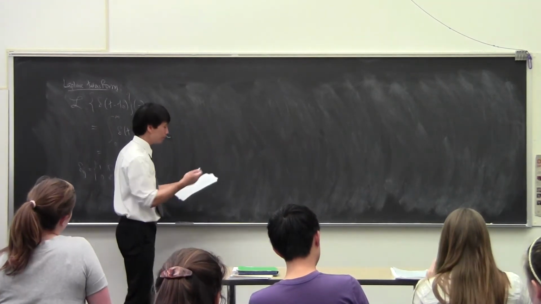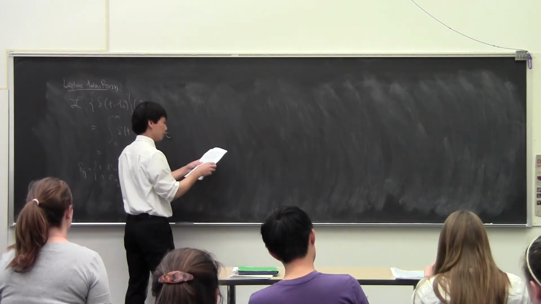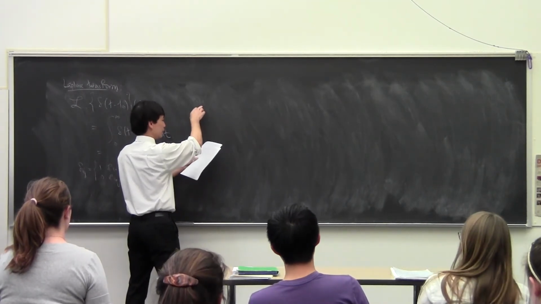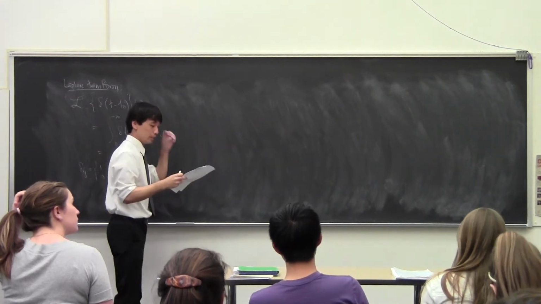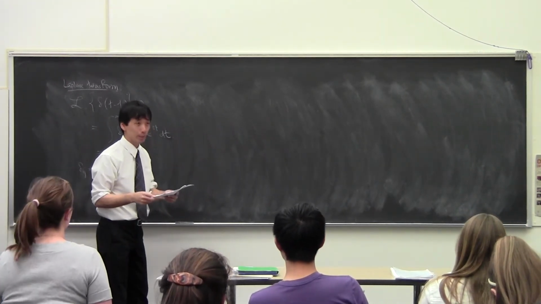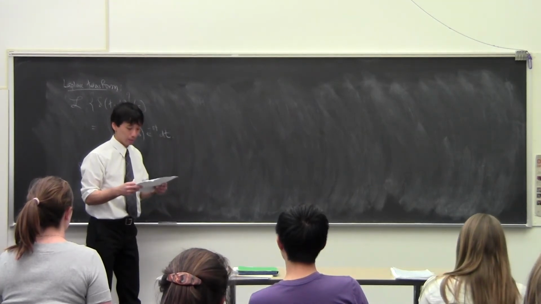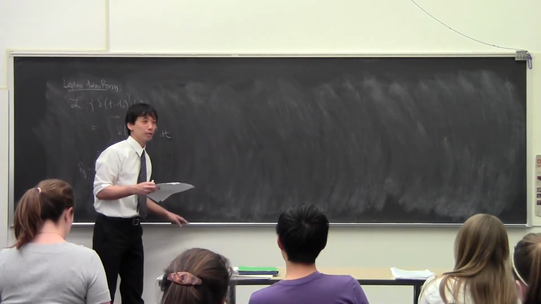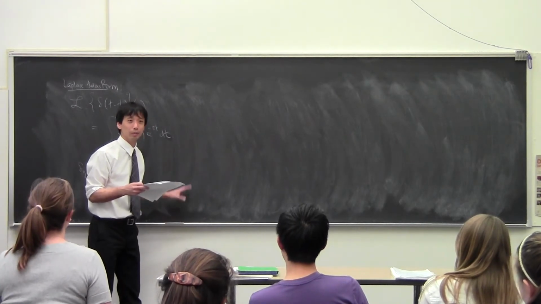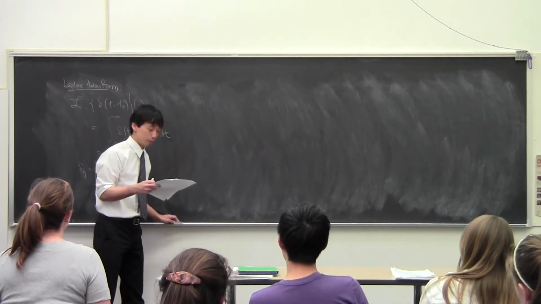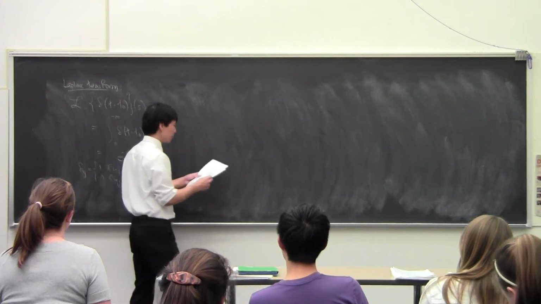Okay, so as usual, I'll do an example, and this example will actually be pretty illustrative of how we use the translation and modulation laws that you will need on the exam.